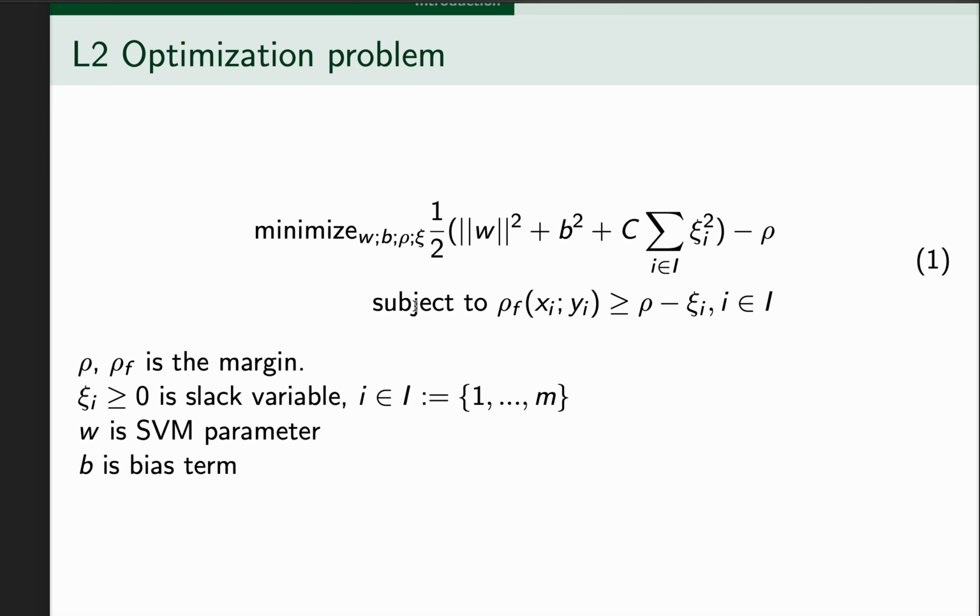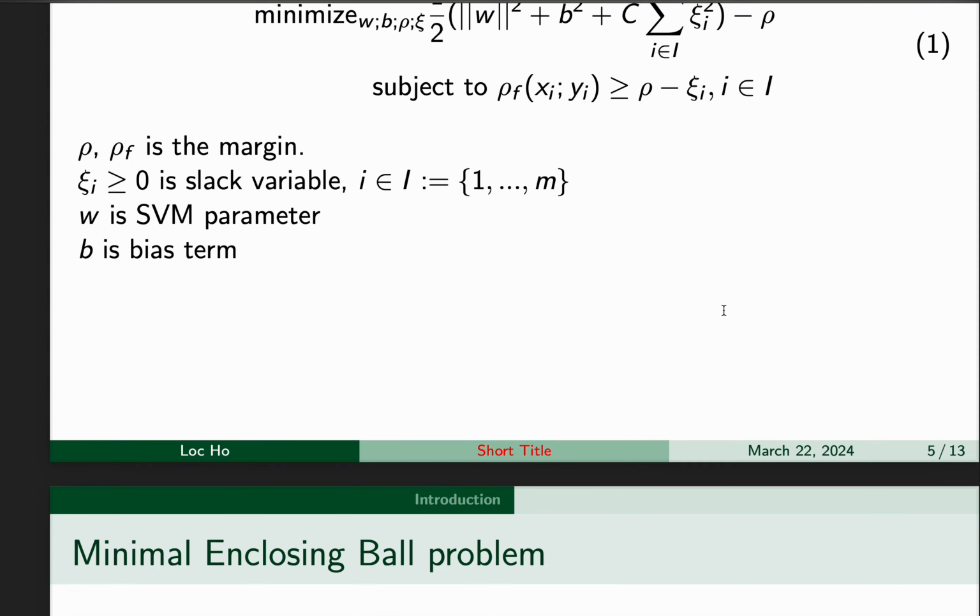The constraint of this problem is that the margin of each sample will be greater than the average margin in the dataset minus the slack variable for each sample.